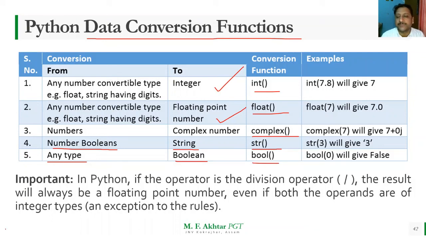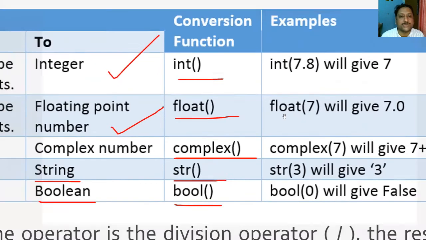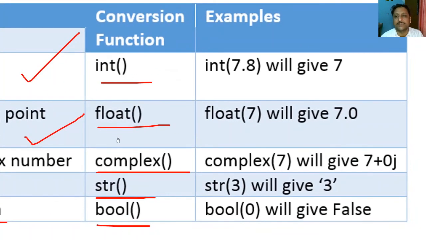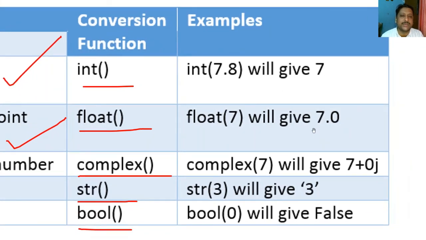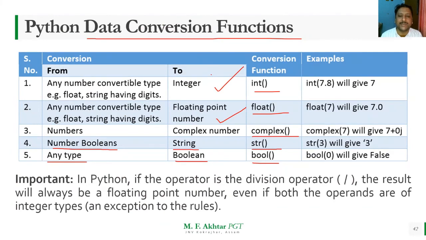So there are 5 different conversion functions for different purposes: int to integer, float to float type, complex to complex type, str to string type, and bool to boolean type. See the example here of how it can be used. We just put the value within the brackets and mention the data type. It will be converted to that data type, and this is known as explicit data conversion.